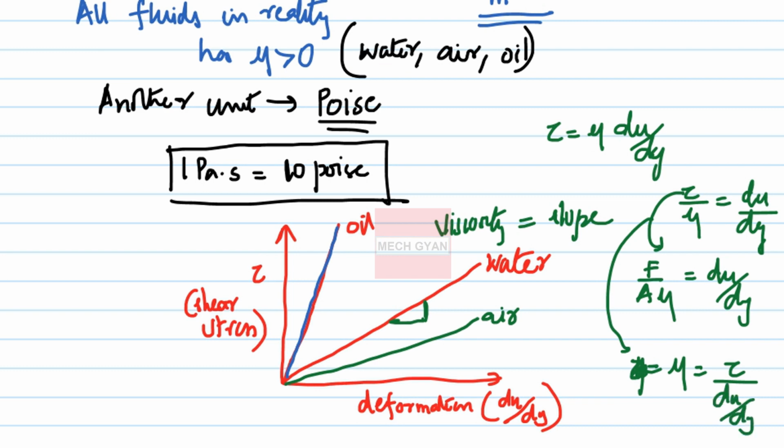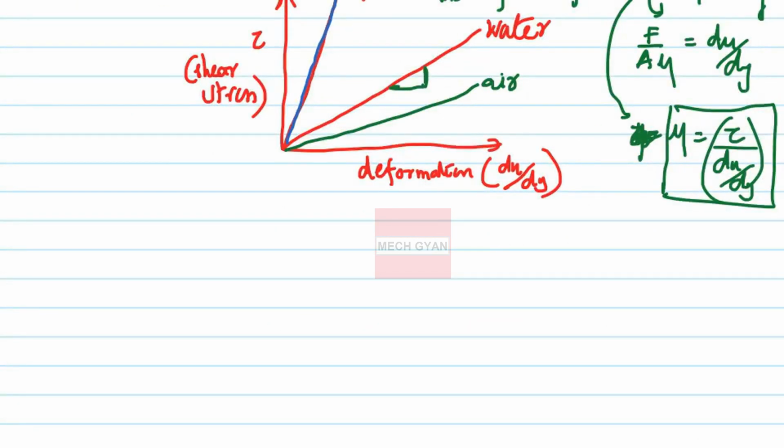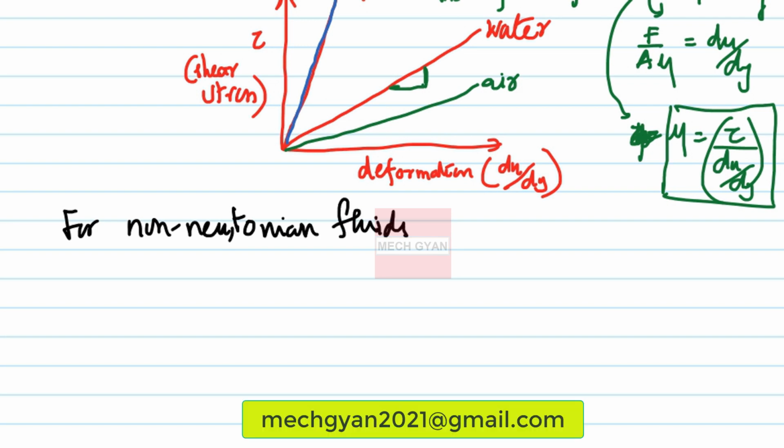Here tau is on the y-axis and du by dy is on the x-axis, so mu is given as the slope of this curve. For non-Newtonian fluids, the relationship is not linear.